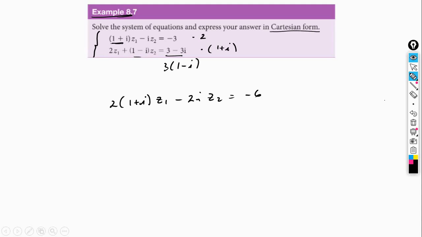And for the bottom part, I'm going to get also 2 times 1 plus i times z1. And then here I have a conjugate. Notice that I have 1 minus i times 1 plus i. So that's just going to be 1 plus 1, which is 2. So 2 z2.